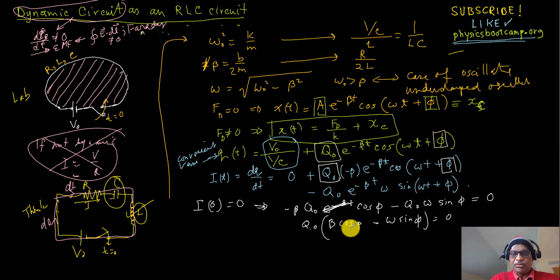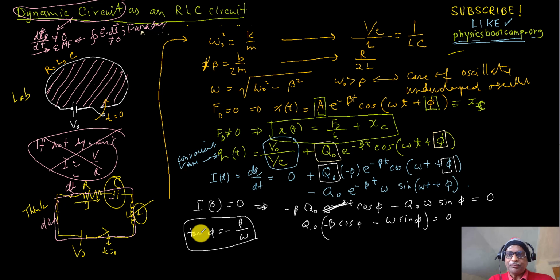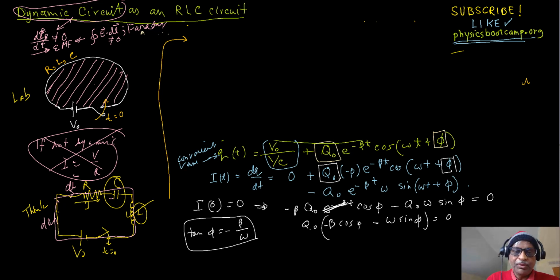And since q0 is not 0, we require that this bracket is equal to 0. So tangent phi equals minus beta over omega, right? So this tells me what phi is. Okay, so we got the phi out from this condition.